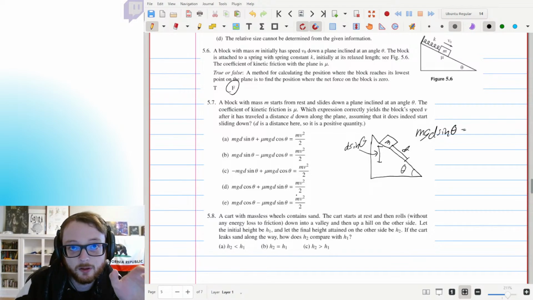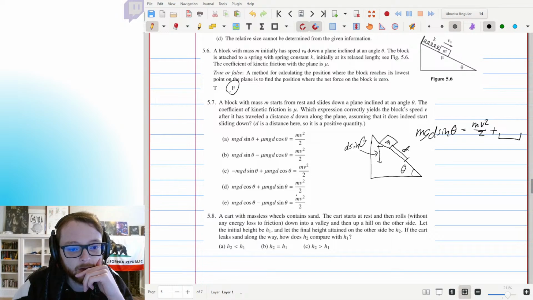So once we've expended all of that potential energy, it's going to have whatever kinetic energy we have plus something to do with friction, whatever heat has been generated by friction.